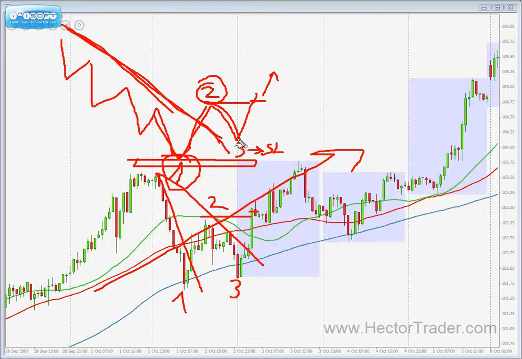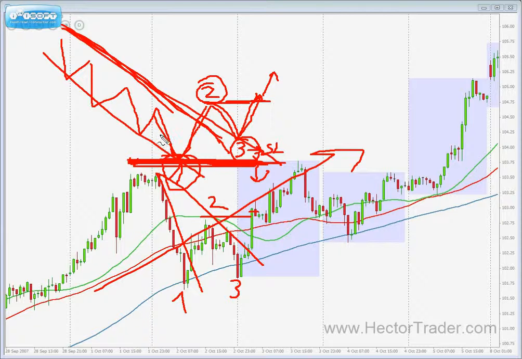At the first signal that this aspect number 3 is failing to take the aspect number 1, and therefore failing to breach the confluence of support, as the failure does happen, right there, taking the high of the aspect number 2, we can verify that the retracement as a whole is finished, and that the 1, 2, 3 formation has carried through, has actually confirmed its validity, and therefore upon the takeout of the aspect number 1, not aspect number 2, sorry, that's our signal to enter long, and a few pips below the aspect number 3, that will be our stop loss.